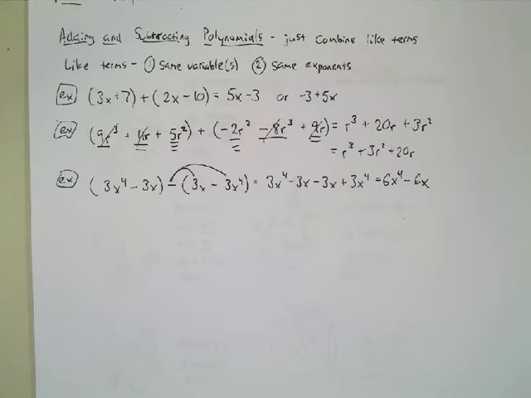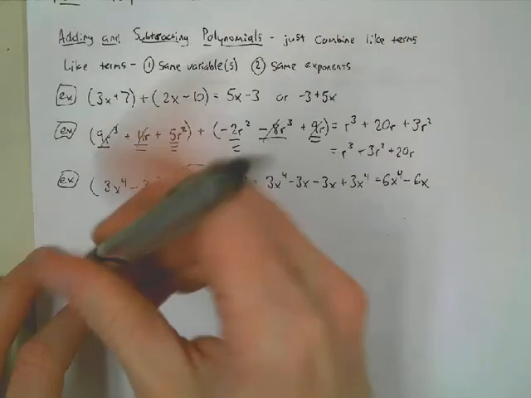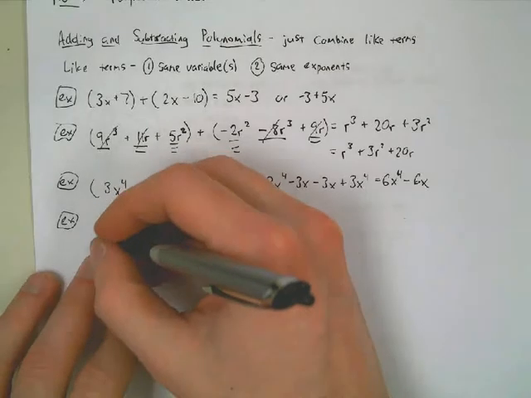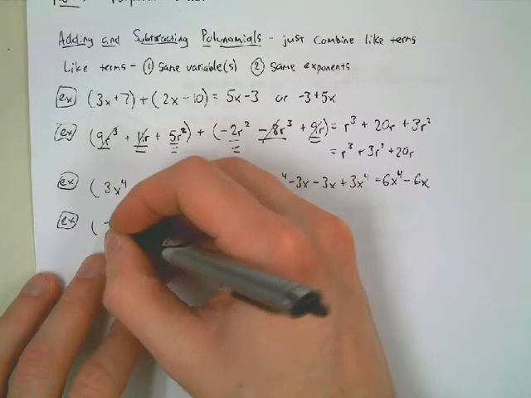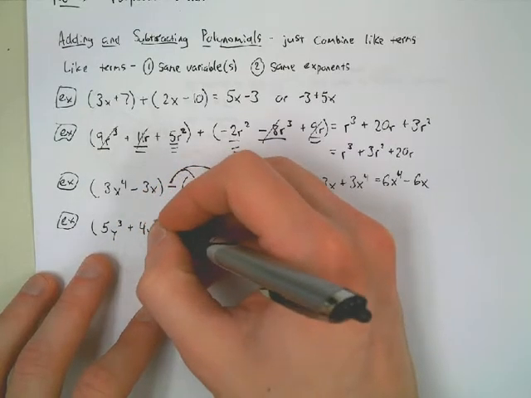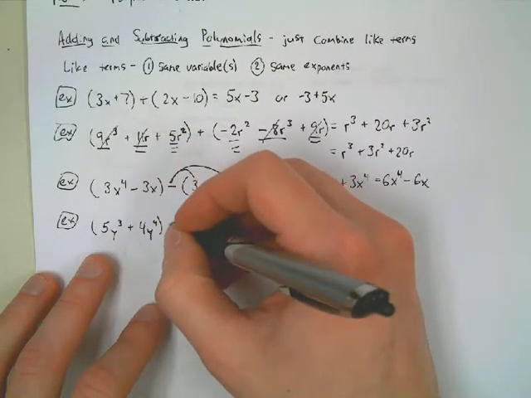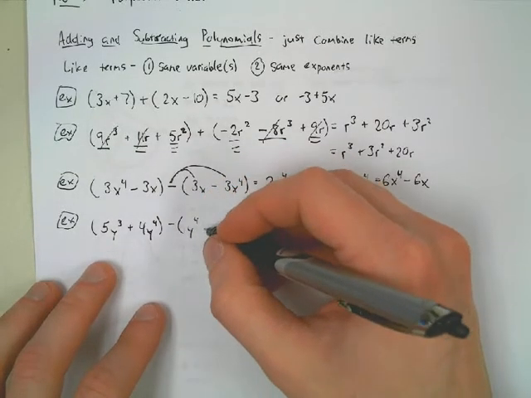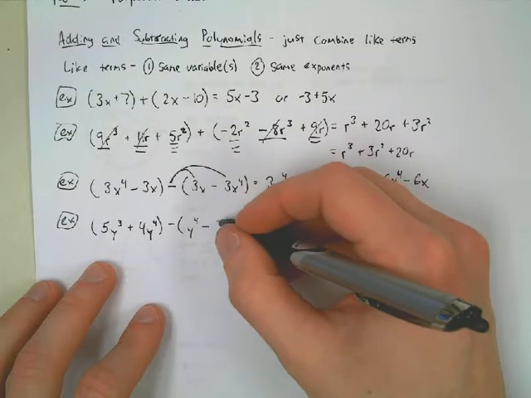All right. I'll do one more here, and then I'll have you guys try one, and then we'll move on. So let's try 5y cubed plus 4y to the fourth minus y to the fourth minus 4y squared.